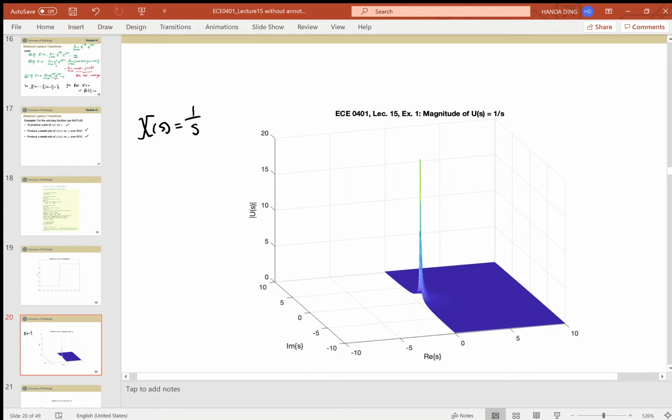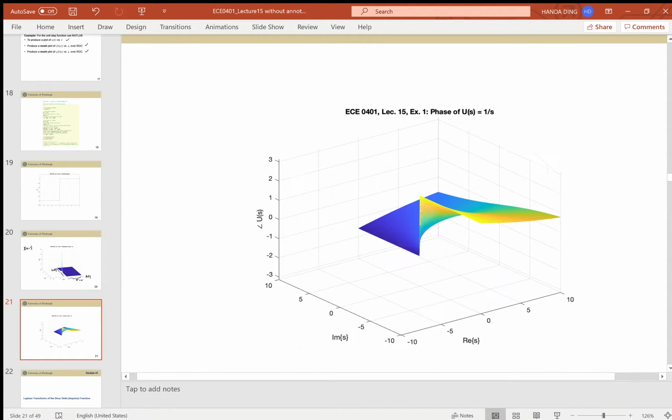For the real part of your s, it only makes sense when your real part is bigger than 0, and for the imaginary part, it really doesn't matter at all. So that is the imaginary part of your s, that is your real part of s, and here we go with the phase.